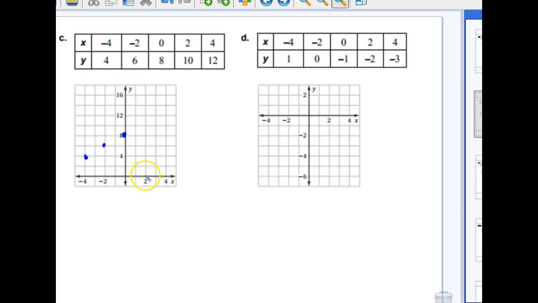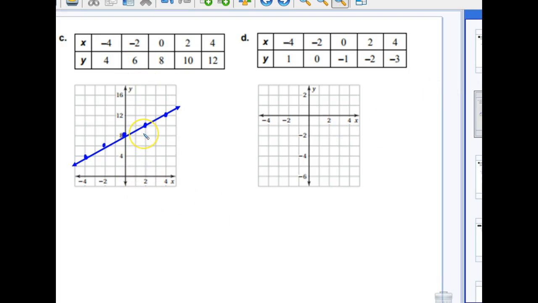We went 2, 10. And then we went 4, 12. And we ended up with a nice clean line like this. So far, so good. That's what I expected you guys to do.